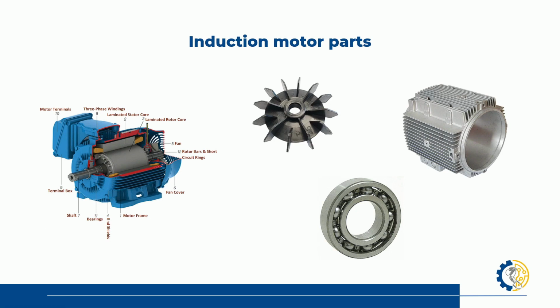Now, to be able to run the rotationary motion in our axis, we need to implement a magnetic field in its rotor. Okay? This is the rotor. So further down, we're going to be talking about this.